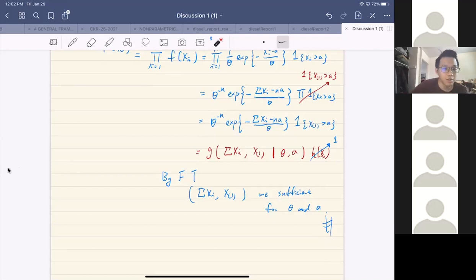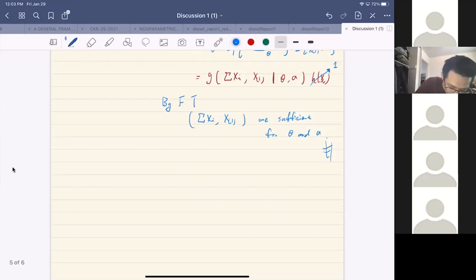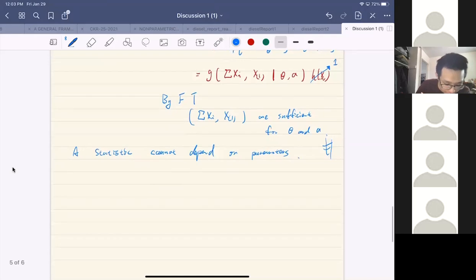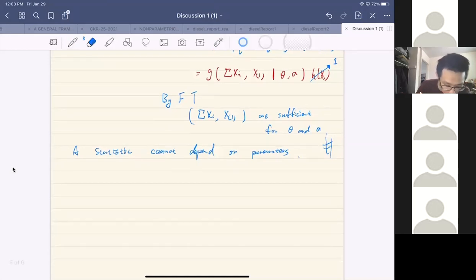Yes, the sufficient statistic cannot depend on the parameter. And we want to find a sufficient statistic, so it cannot depend on the parameter. Yeah, very good.